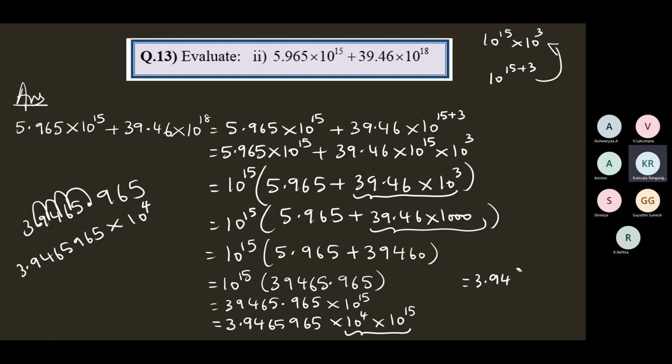Okay, so anything is fine. So say 6 or 7, into 10 to the power 4 plus 15. So the final answer is 3.946 into 10 to the power 19. And you can see that the final answer is in the scientific form or standard form. Take it down, children.